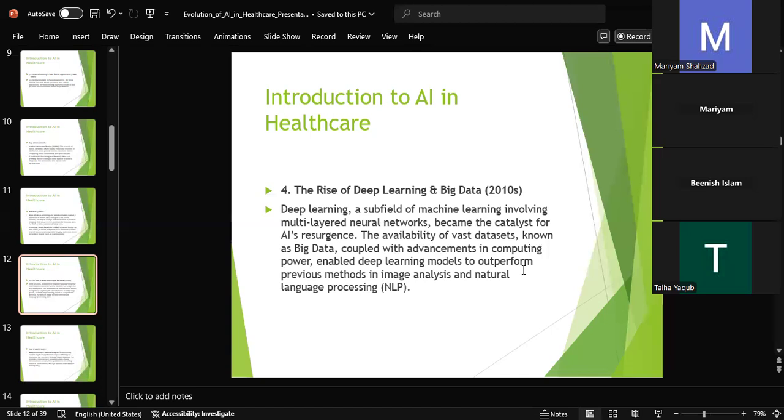The main deep learning based algorithms are convolutional neural networks and artificial neural networks. Along with that, there are different hidden Markov models, natural language processing, and image recognition.